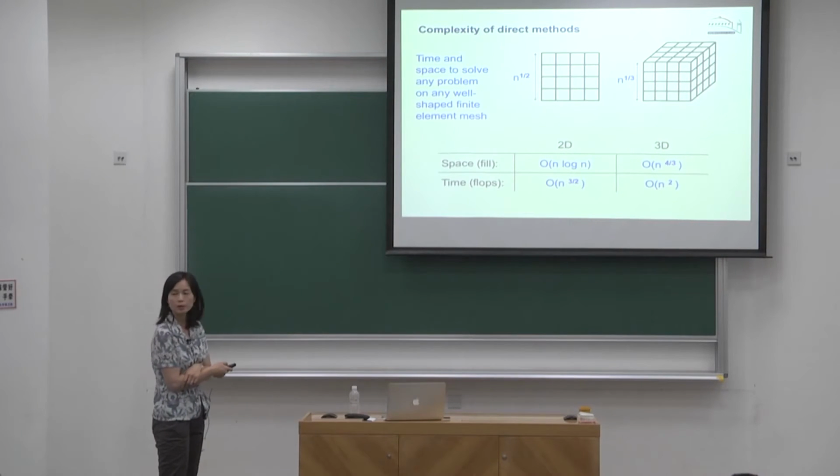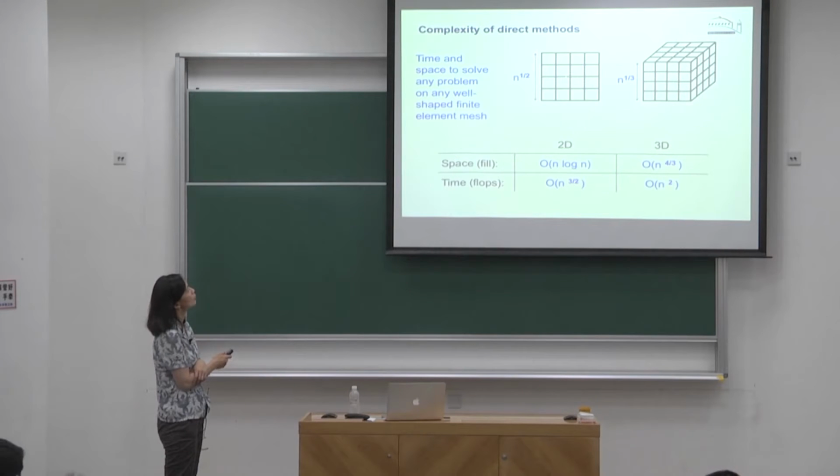So what's the separator of a 3D cube? It's a plane, right? So you do a similar analysis for the 3D plane, and the grid size is k by k. In this case, it's k cubed, the number of grid points. So the number of equations will be n. So sorry, this n is the size of the mesh.